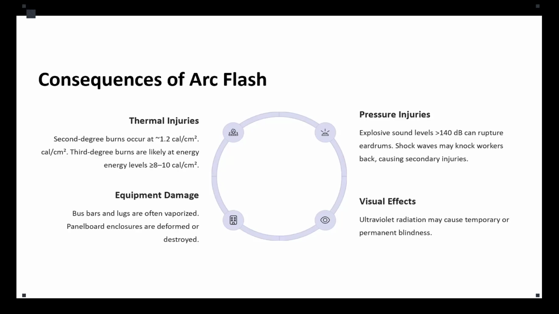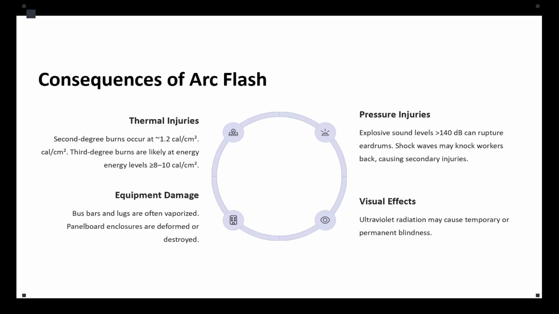Short-term effects could include flash blindness, which is temporary, and photokeratitis, which is like a sunburn of the eye, and retinal burns, which are permanent damage. Even a brief glance at an arc can cause damage, particularly during switching or racking operations, if we don't have proper eye and face protection.